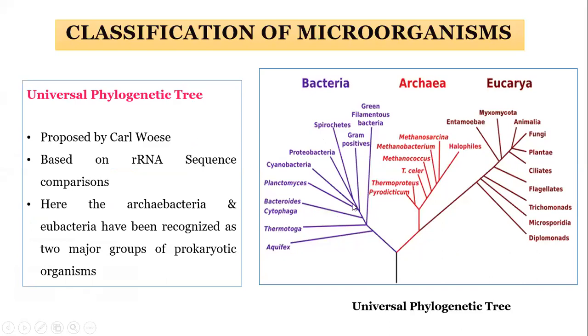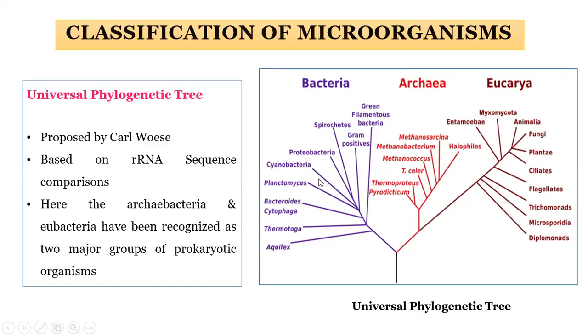So the universal phylogenetic tree contains three kingdoms: bacteria, archaea, and eukarya. The bacteria includes gram positives and gram negatives. The gram positive cells are categorized as gram positives. Then green filamentous bacteria, spirochetes, proteobacteria, cyanobacteria, planctomyces, bacteroides, cytophaga, thermotoga, aquifex.